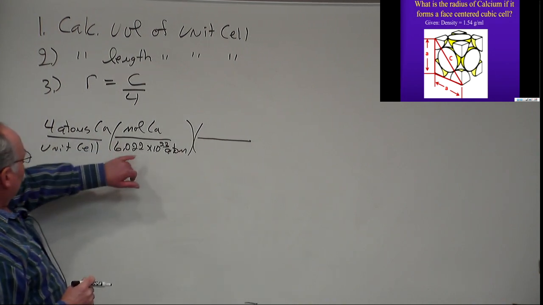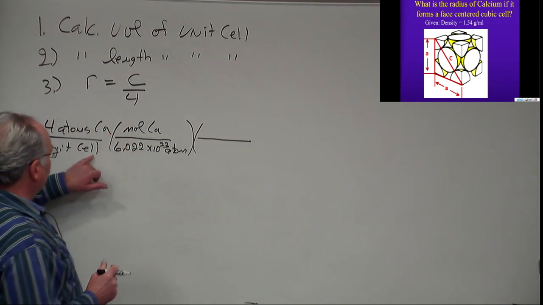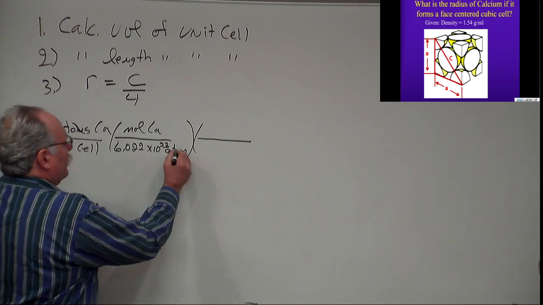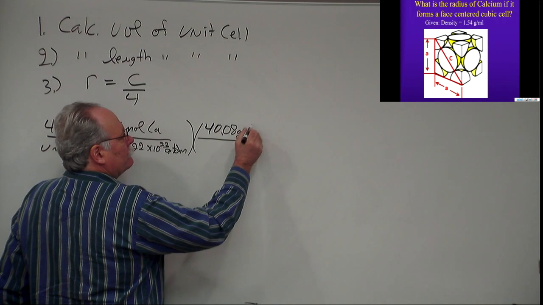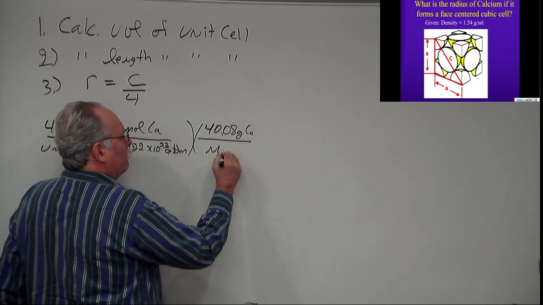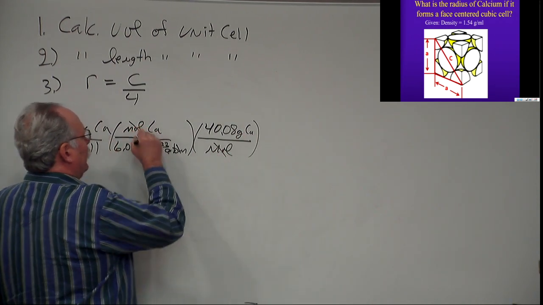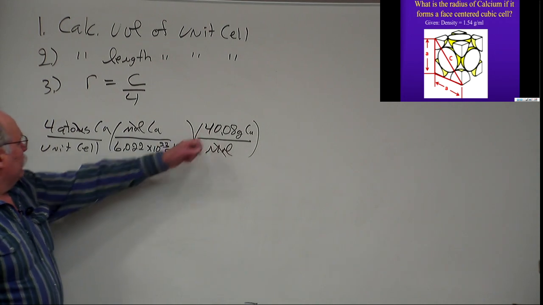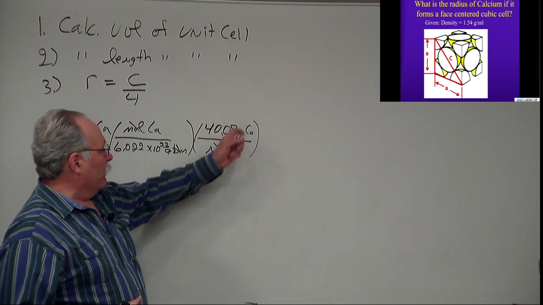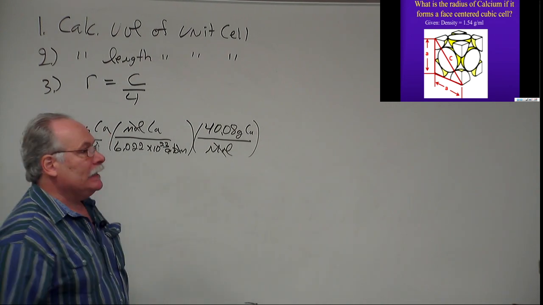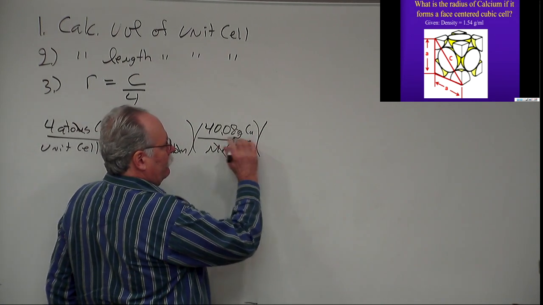So this has told us how many moles are in a unit cell. The atoms cancel. And I can now go 40.08 grams of calcium per mole. The moles cancel. And I now know how many grams there are in a unit cell. Now, the density allows me to go from mass to volume, but I need to divide by the density to get rid of grams.